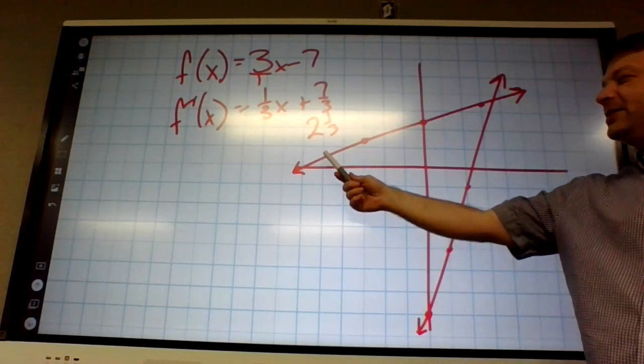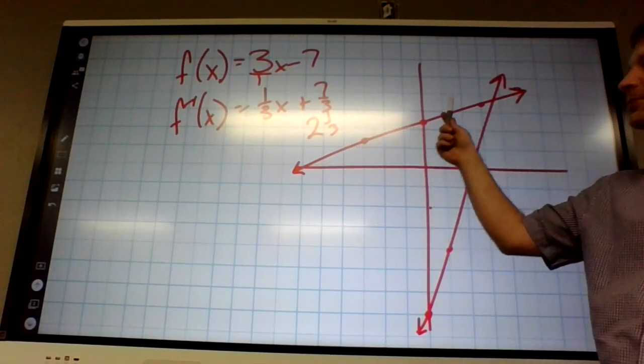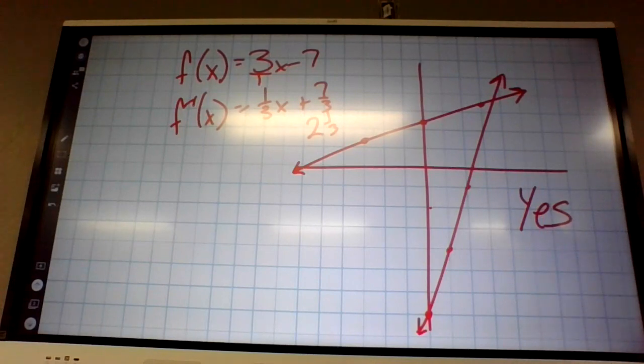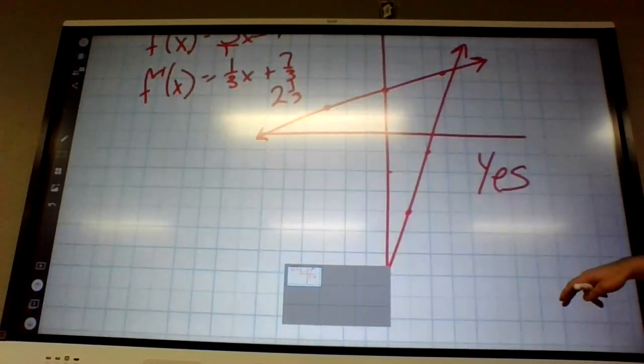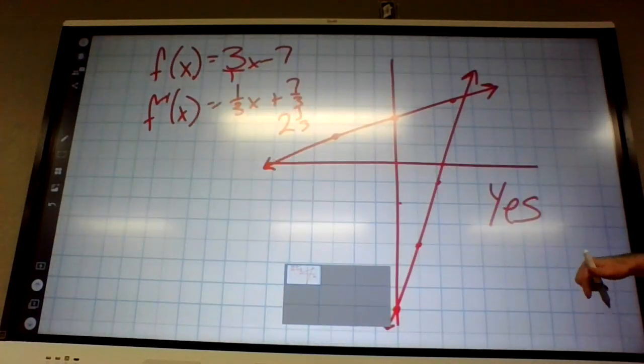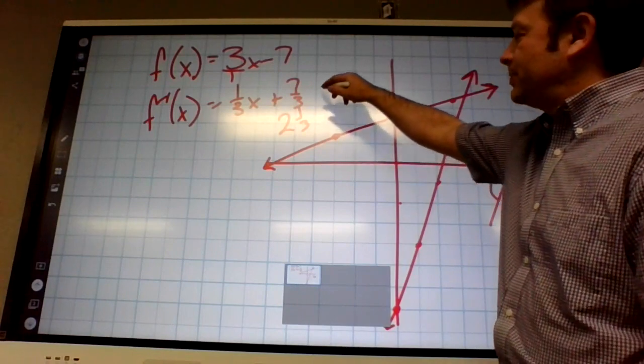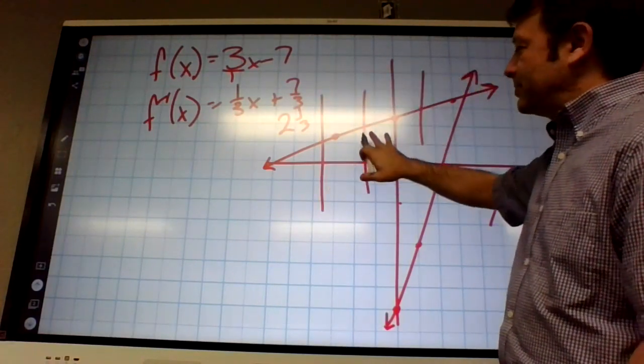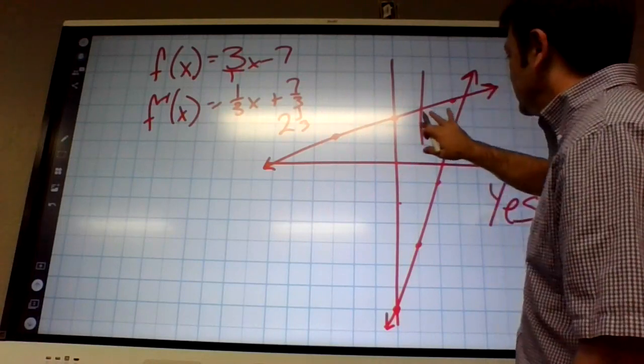All right. Is this inverse function that I just drew a function? I should say, is the relation a function? Yes, it is. Don't forget the yes or no. A lot of people forget those. Why is the relation a function? It passes the vertical line test. Each x value has only one y value that goes with it.